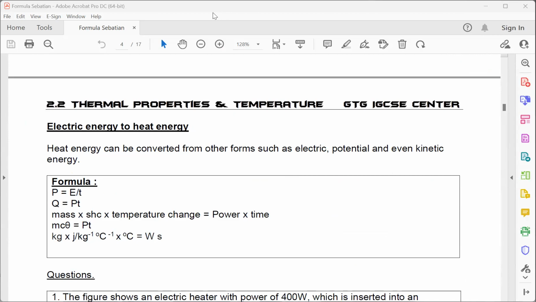Okay, next part here, we're going to learn about converting electrical energy into heat energy. The basic understanding is that heat energy is Q equals MC theta, right? So for example, let's say I have a metal block here.